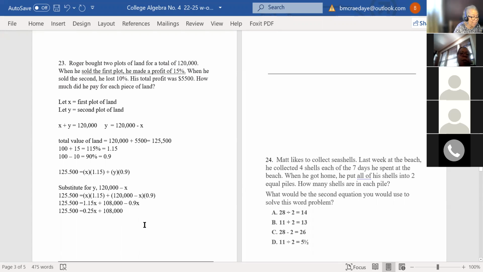Now, what's my next step, Latoya? I see two constants there. What do I do with the constants? Subtract. That's right. Subtract the 108,000 from both sides.